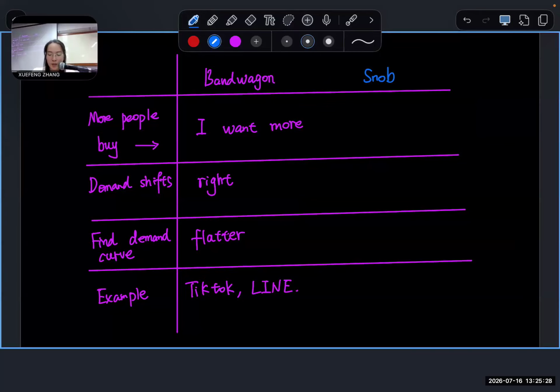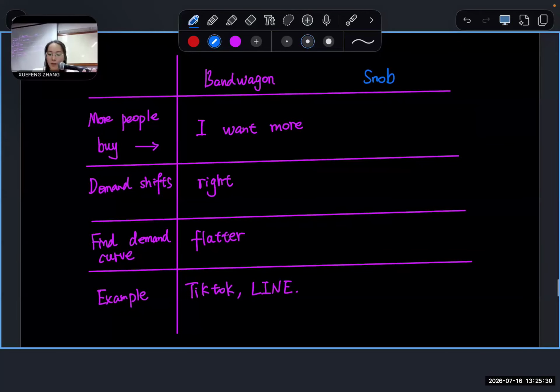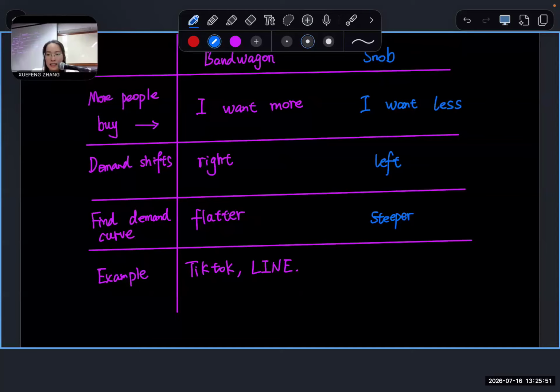Okay, let's talk about the snob effect. If more people buy it, you want less. And the demand shifts to the left. The final demand curve will be steeper. The example is luxury bags and limited edition, right?